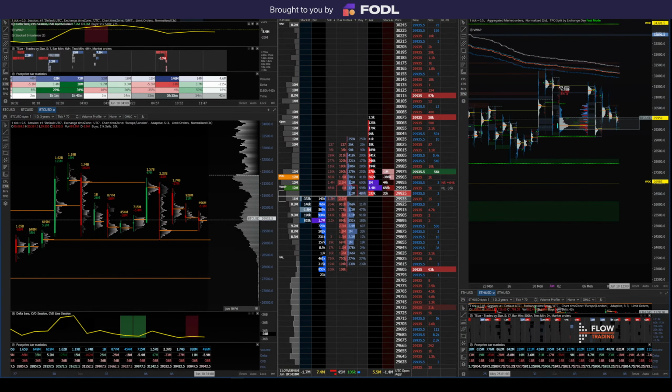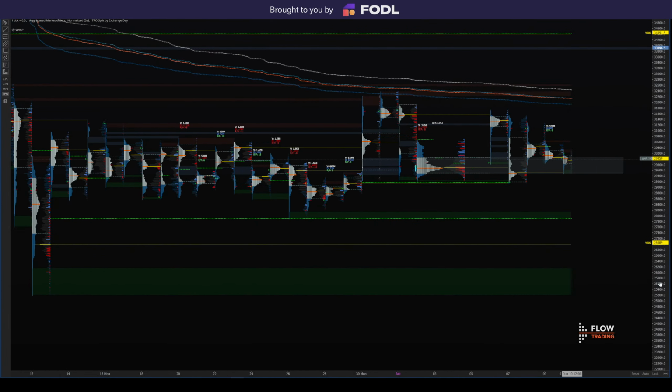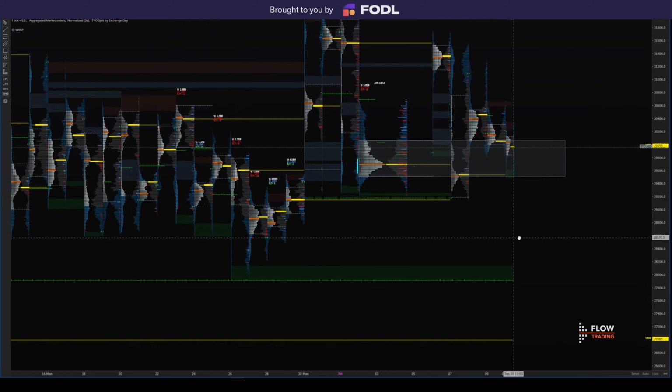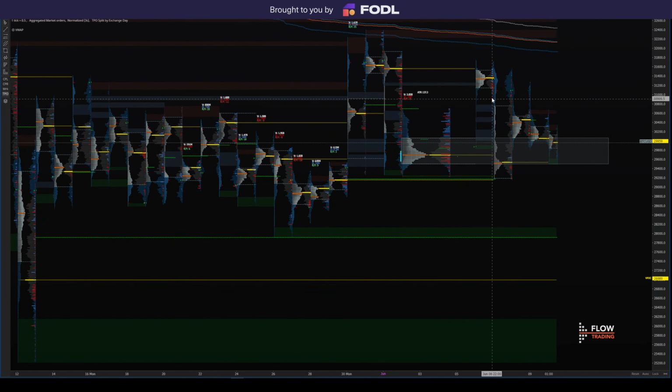Let's have a look at the daily profile. And the daily market profile, and this is volume based again. You can see again that we took out this naked point of control here, right? We haven't taken, actually we did take this one. This is basically just a VWAP close that it's failing to show.